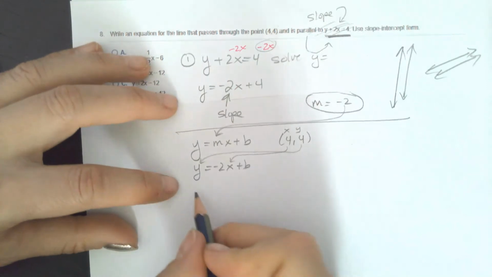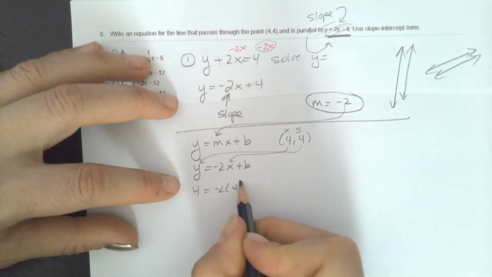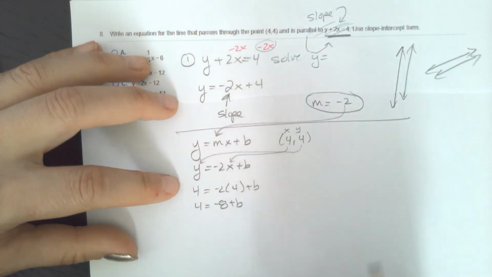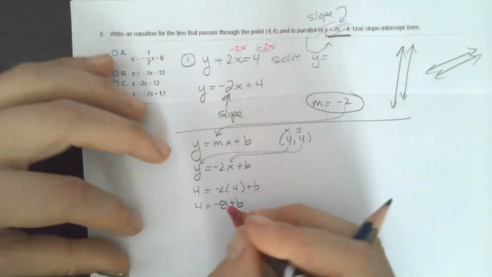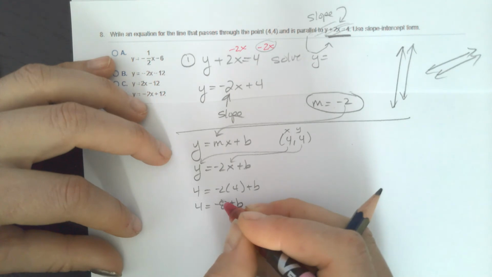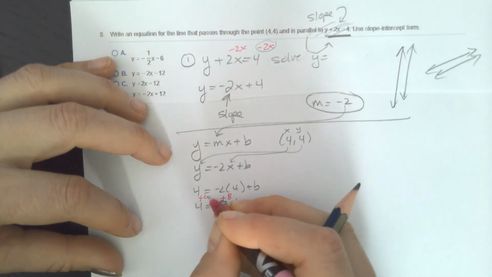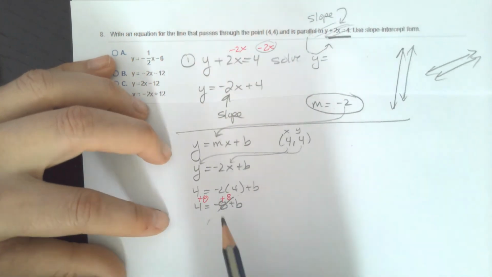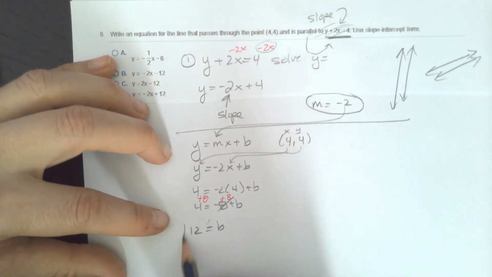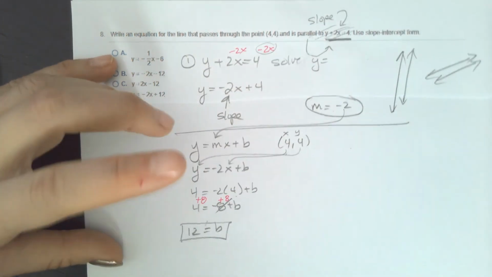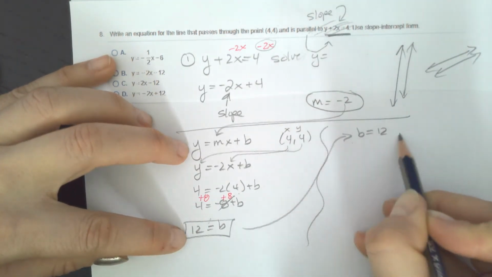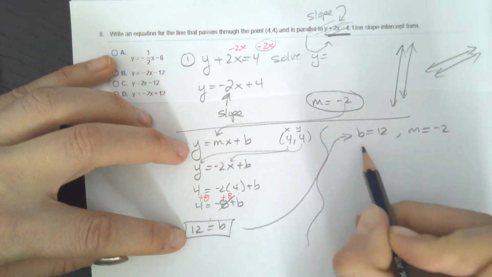Okay, let's do that. Oh, well, I can solve for b. So let's get b by itself. Let's get rid of the 8. So now I know b equals 12, and m equals -2.